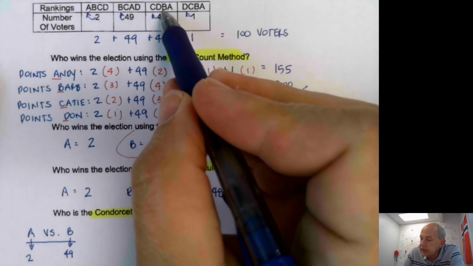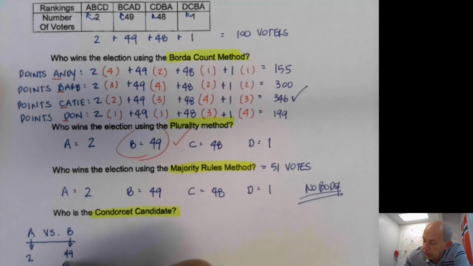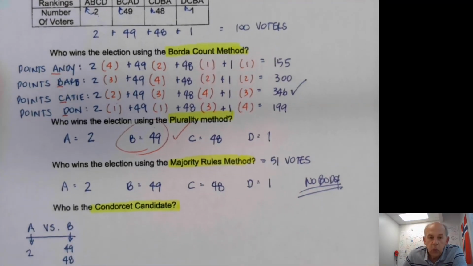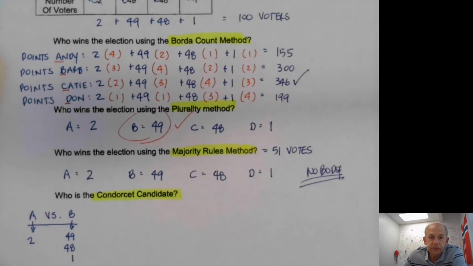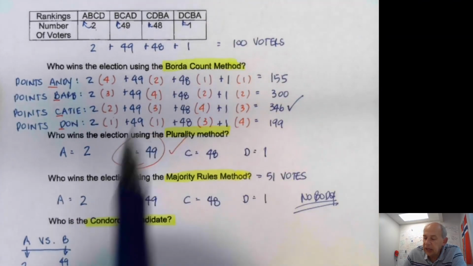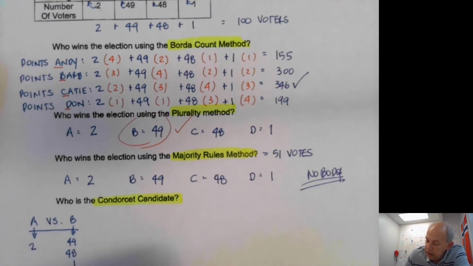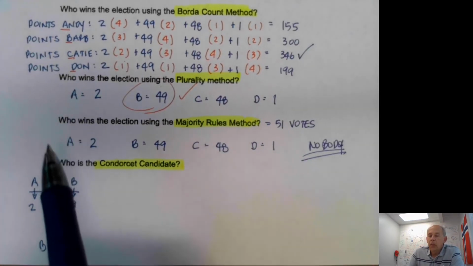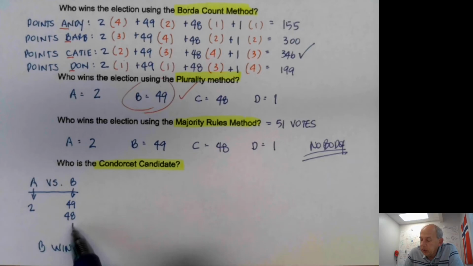The 48 also had Barb favored, and then this 1 voter was also for Barb at the end. Barb was in third, Andy was in last. B wins, Barbara wins this little battle. Andy only had 2, Barbara had 98. Barbara wins the little battle. That doesn't mean Barbara wins the war in the election.